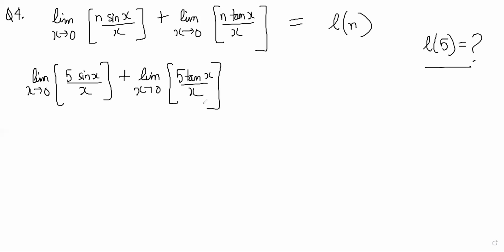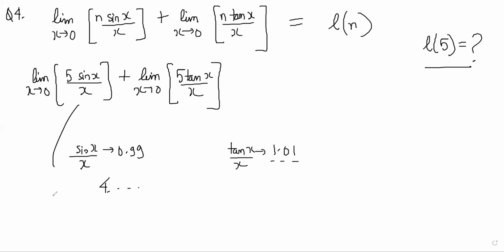Okay. Fine. So this seems very straightforward now, right? Because we know sin x by x tends to 1, but from the 0.99 side, and tan x by x tends to 1, but from the 1.01 side. So 5 times this will be 4.9 something, so this will be 4.